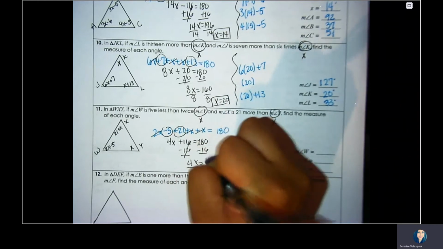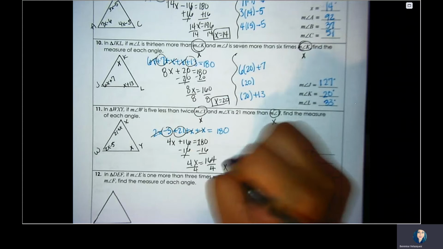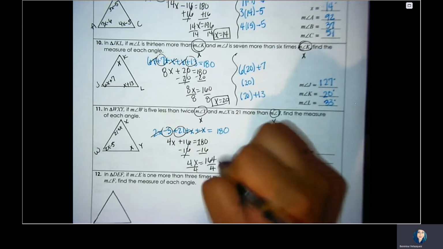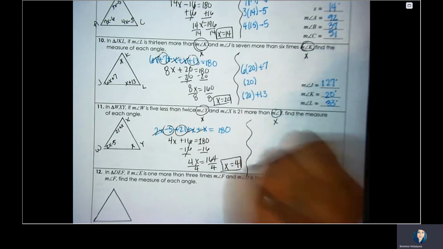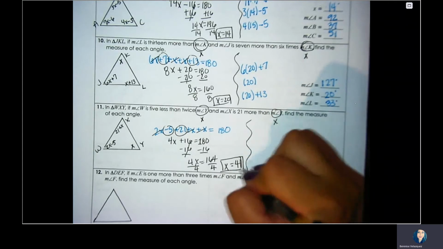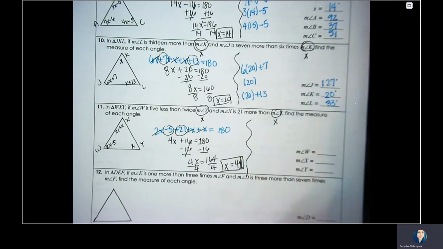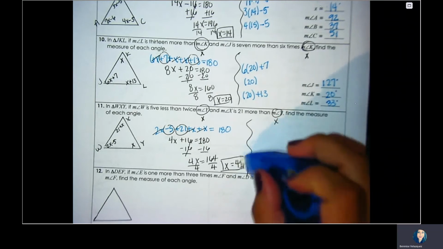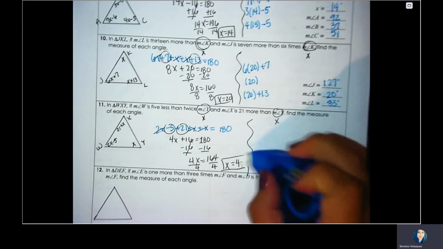Divide by 4. X is equal to 41. I'm going to fix that up a little bit because you can tell that that's 41.